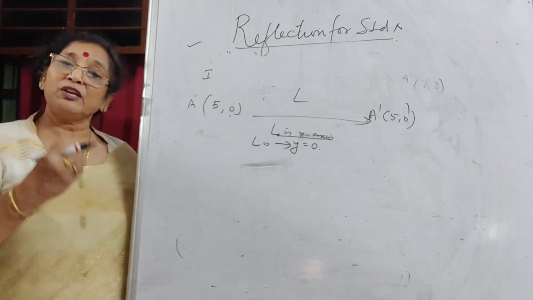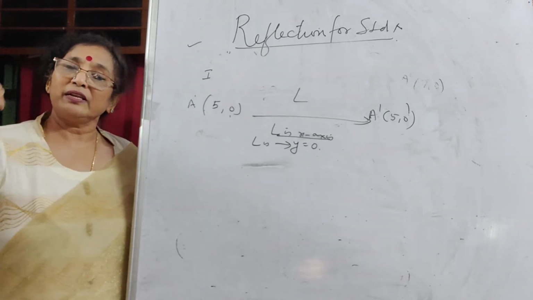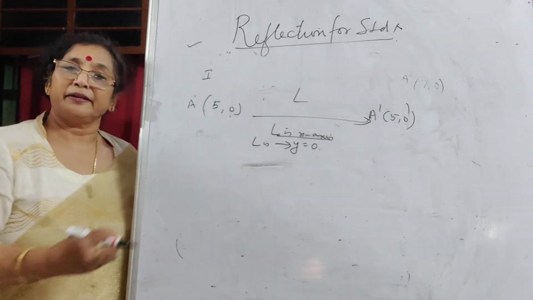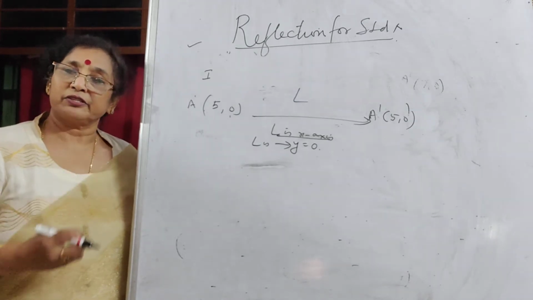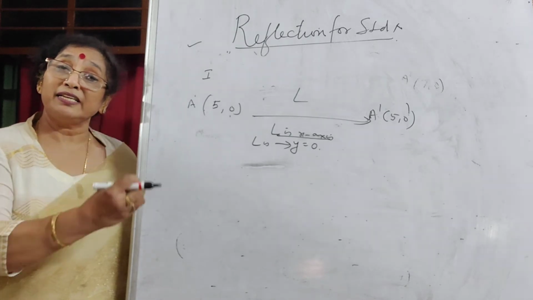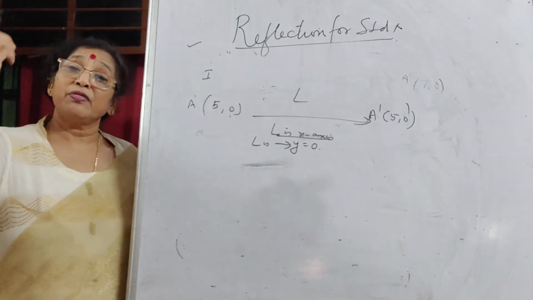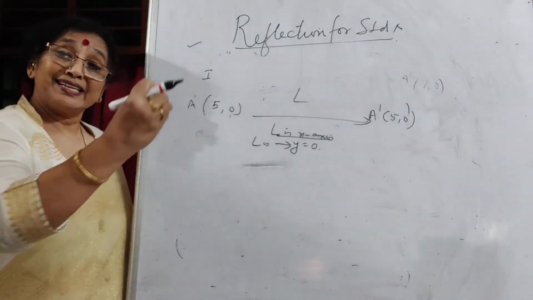Such a kind: 0, minus 6 is invariant when reflected in a line L dash. What is L dash? Write its equation. 0, minus 6 is invariant means the image is also 0, minus 6.